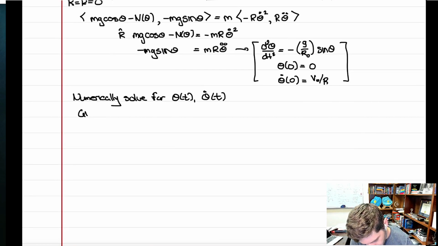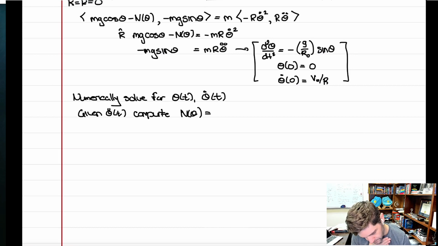Given theta dot as a function of time, you can then use the other equation to compute N. Because notice N as a function of theta is just, where is it?